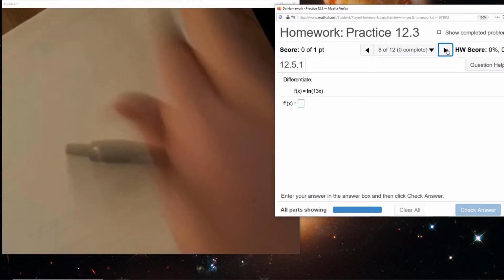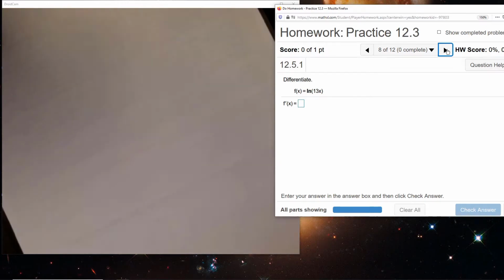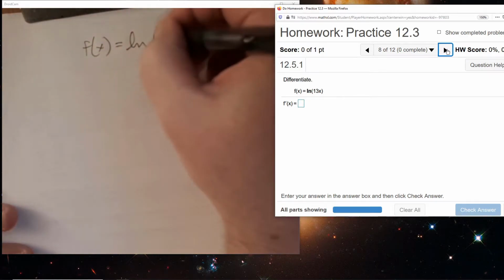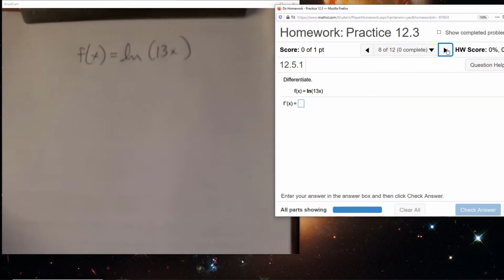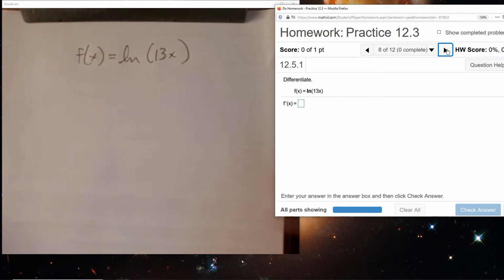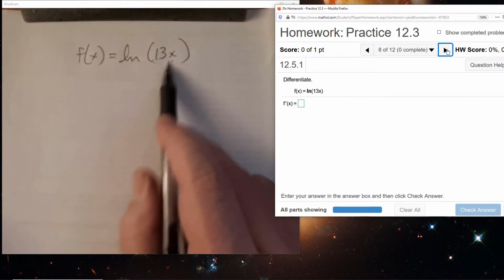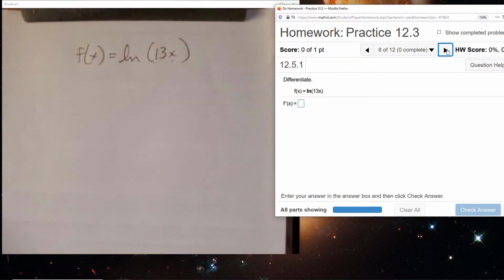Now come the log functions. What do we have here? We have a power function inside a log function.